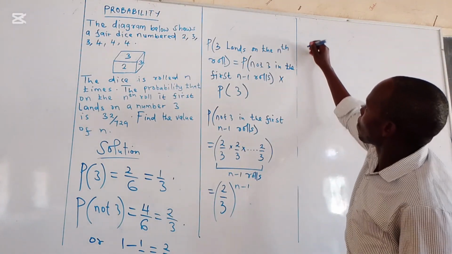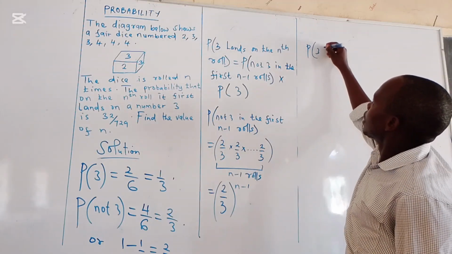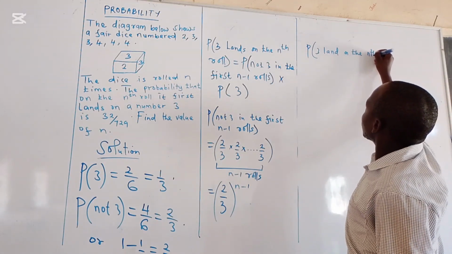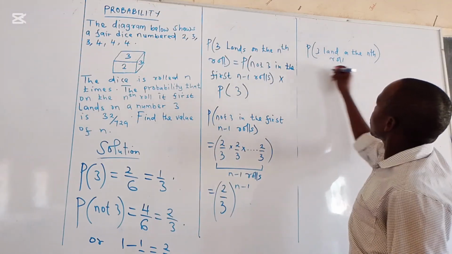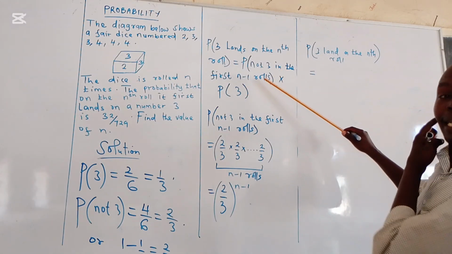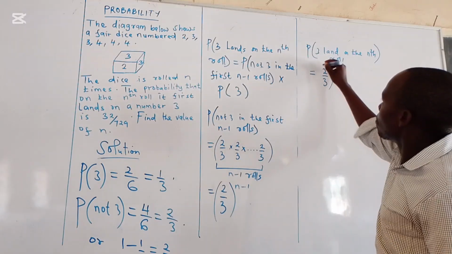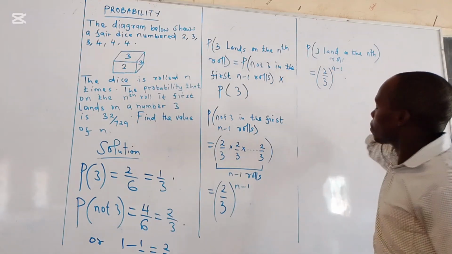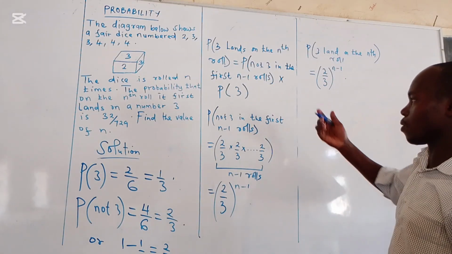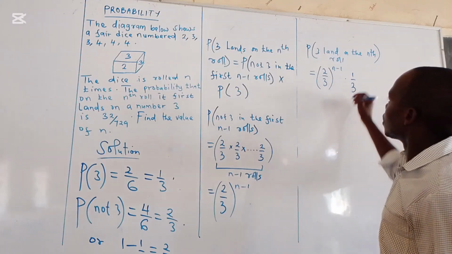So that now the probability that it is 3 landing on the nth roll is equal to the probability that it is not 3 in the first n minus 1 rolls, which is 2 over 3 power n minus 1, multiplied by the probability that it is 3 in the nth roll, which is 1 over 3.